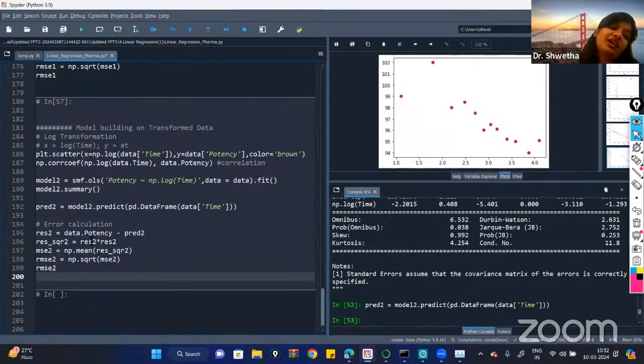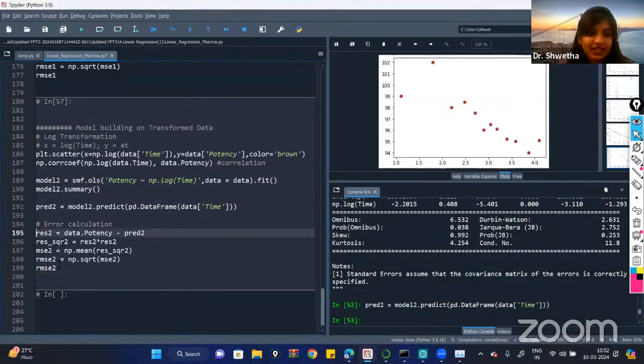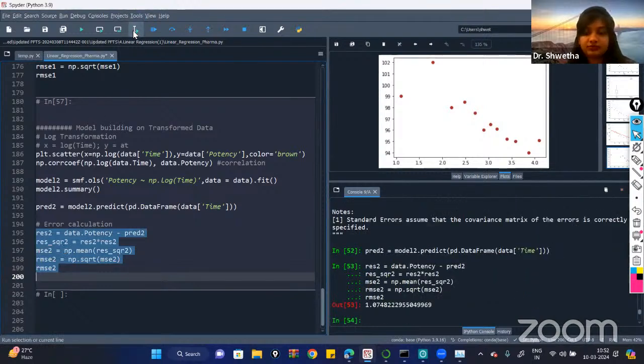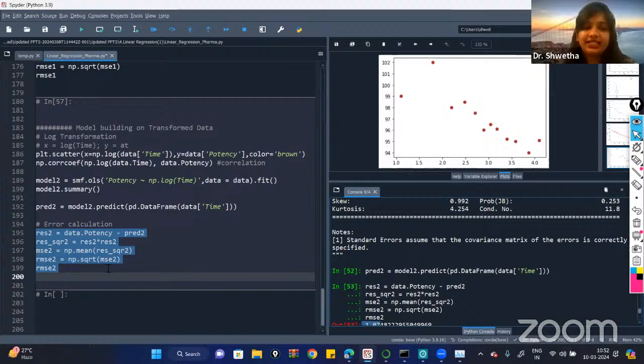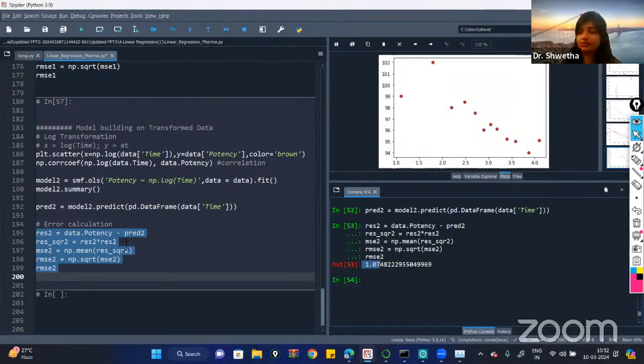Taking y minus y hat, squaring it, taking the mean and the square root, we can find the RMSE value. So our RMSE value is 1.07. So by applying logarithmic transformation, we have increased the accuracy and also decreased the error.